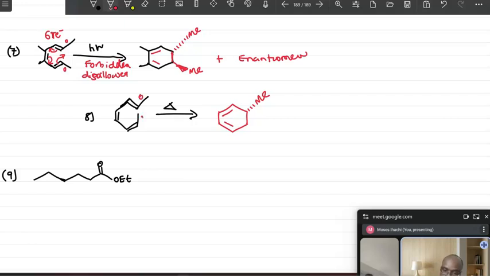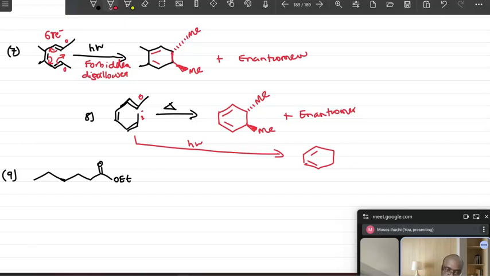So this is out, this is in. I keep the empty. So if this was photo, I would switch them. So would they both have to be on the same wedges? Okay, dash away. So let's put it here. And this time I'm not going to say plus enantiomer because it's meso.